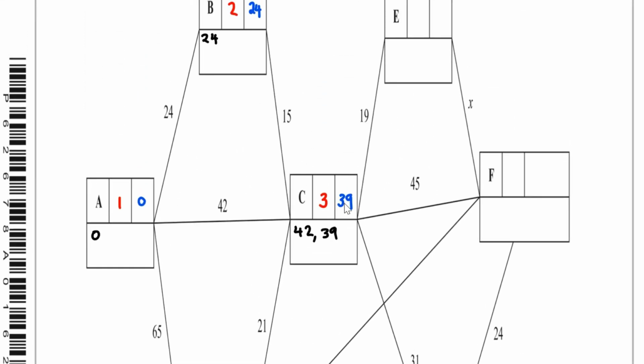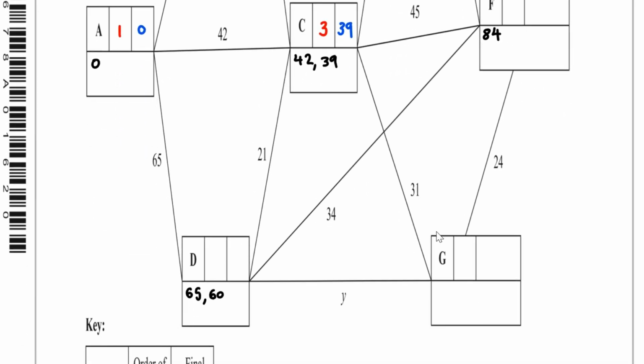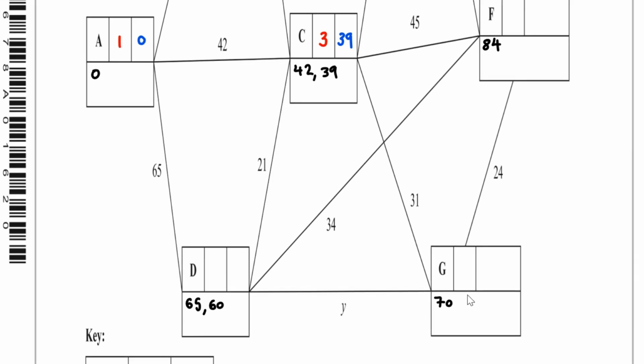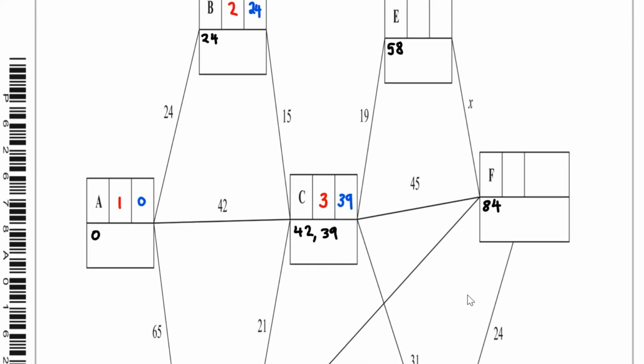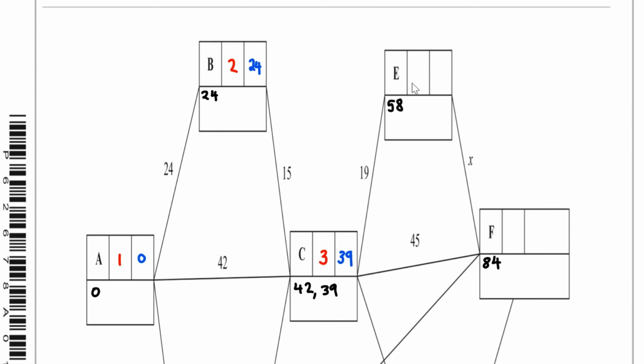Then we have 39 plus 19, that's 58. We've got 39 plus 45, that's 84. And then we've got 39 plus 31, that's 70. The smallest of all of these is the 58. So A has order of labeling 4 because the current final value is 58.